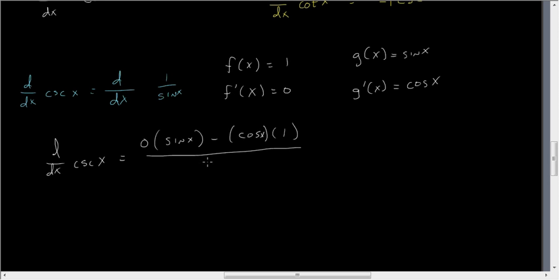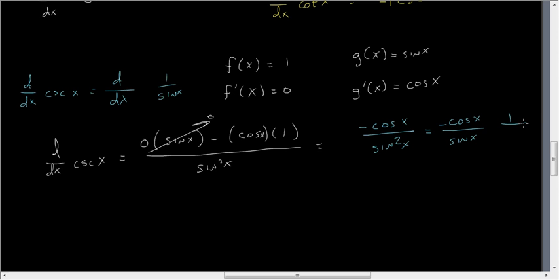Well, that goes away. This just is 0. And so I have negative cosine of x over sine squared x, which is really negative cosine x over sine x times 1 over sine x.